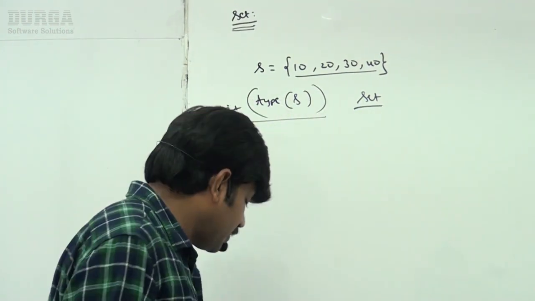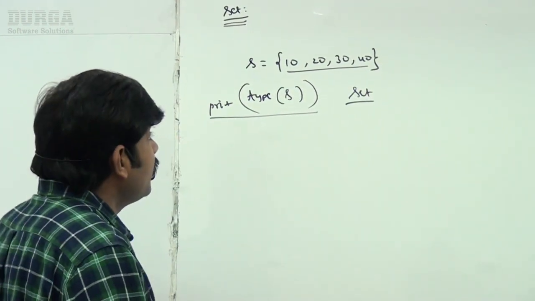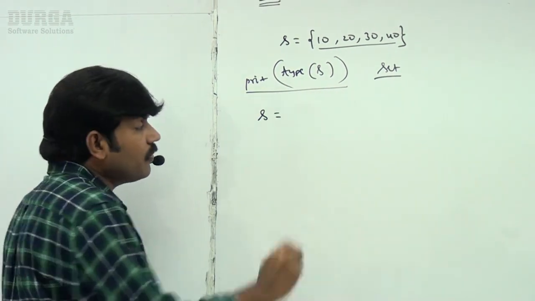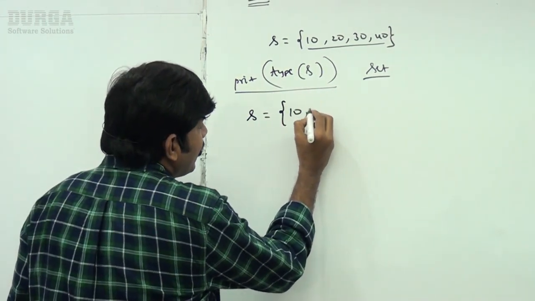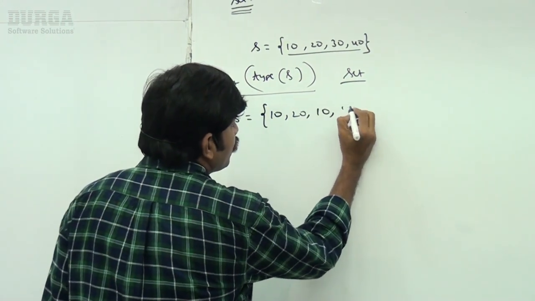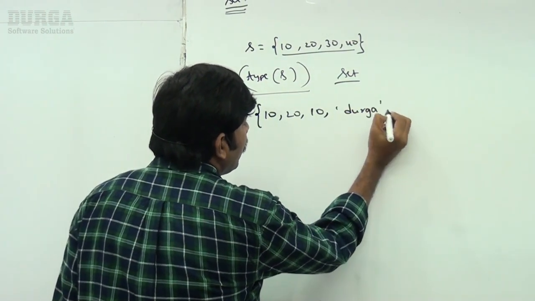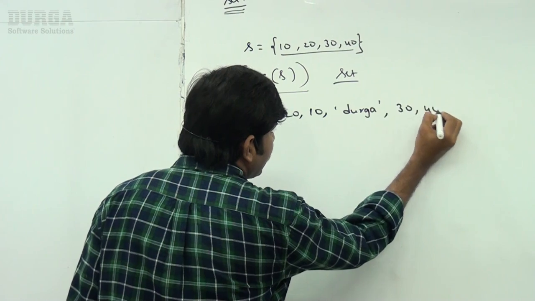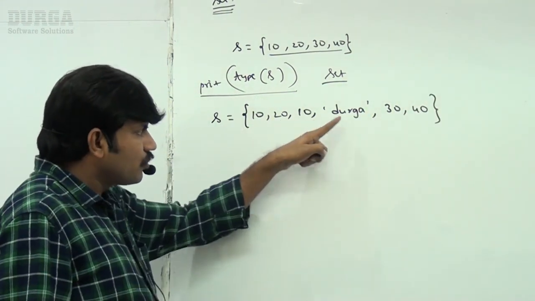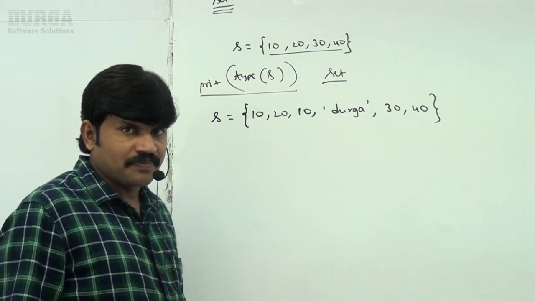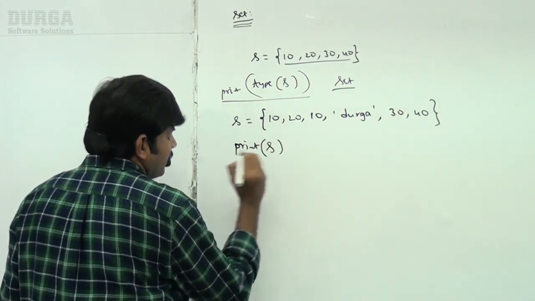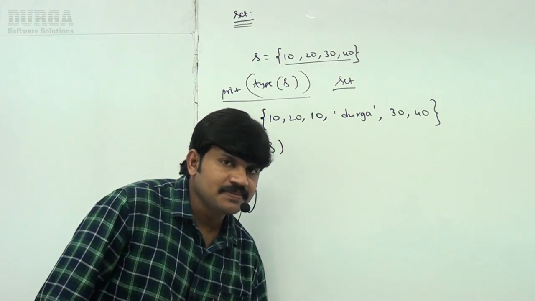Now here there is one small twist. Observe carefully, right? If I take s is equal to {10, 20, 10, Durga, 30, 40}, like this I am taking, and if I print s, what output are we going to get?